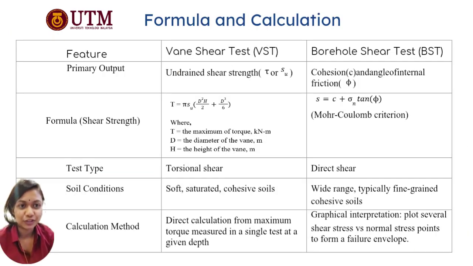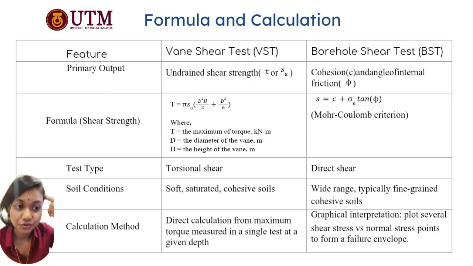Next we move to the formula and calculation explanation. Based on the slide, we are comparing the calculation concepts of the Vane shear test and the Borehole shear test. Even though both tests measure shear strength, the way is actually different. The Vane shear test mainly measures the maximum torque to rotate the Vane until the soil shears or fails.